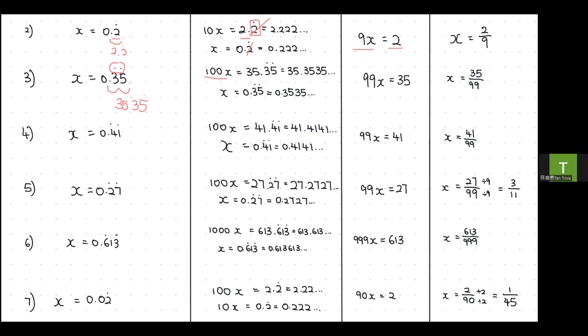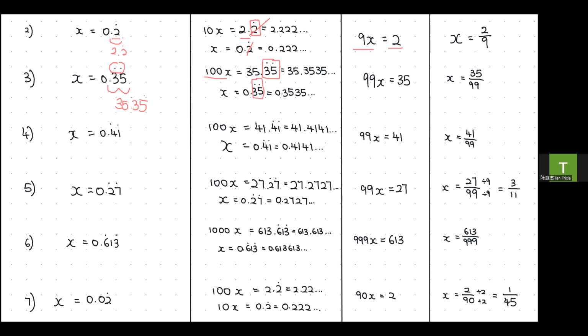And now it has 2 decimal places, so times 100, which equals 35.35 recurring decimal. Then we need to subtract. You can subtract x directly because x has the same recurring decimal as 100x.